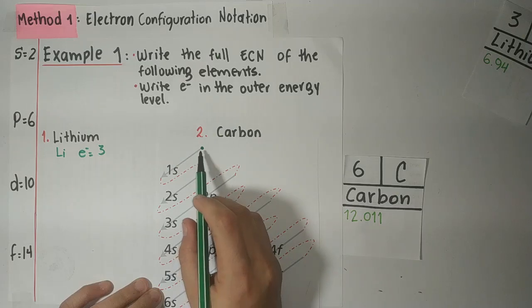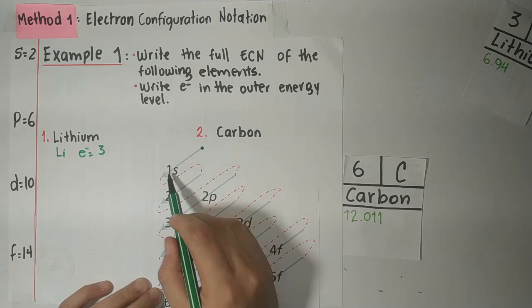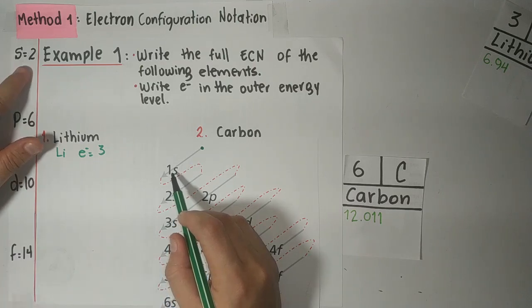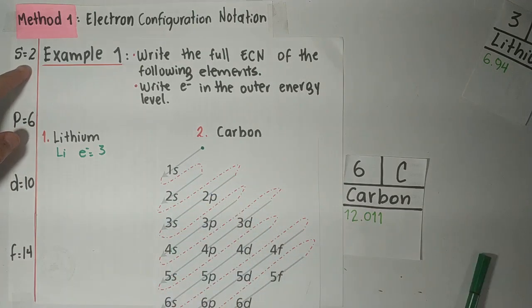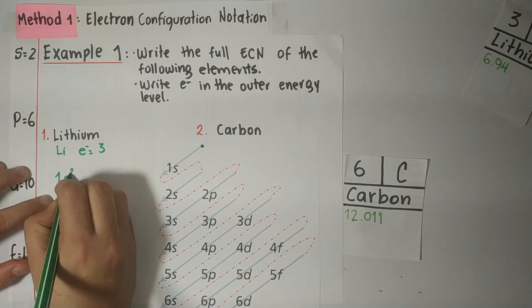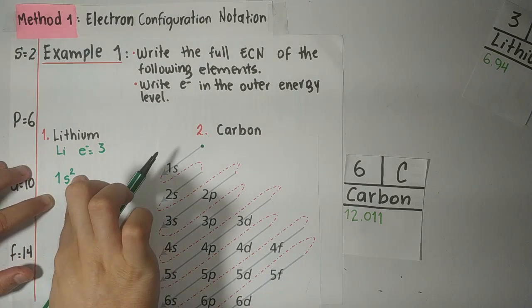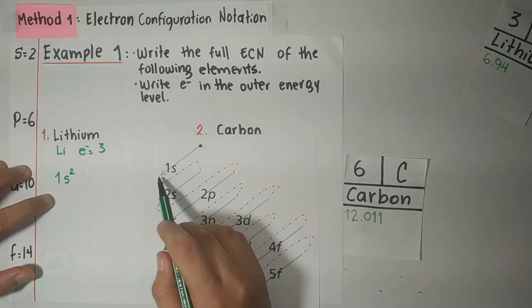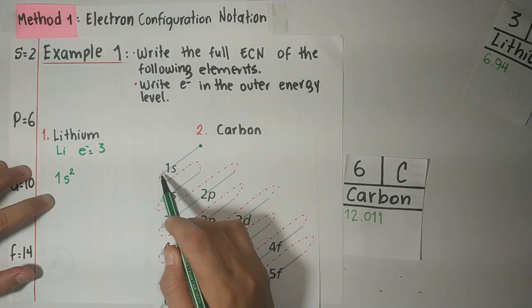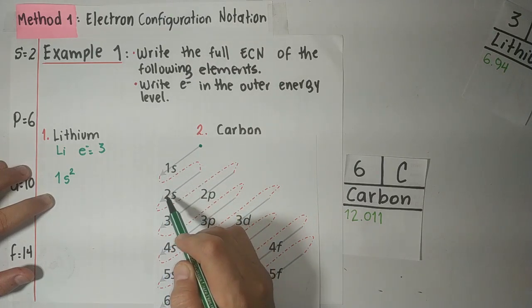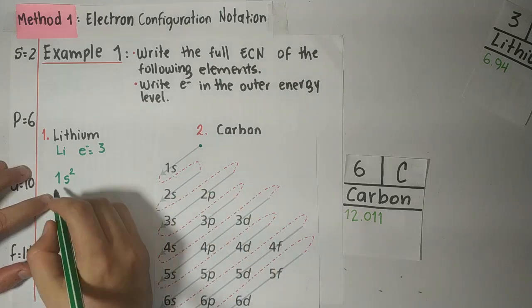And we say, okay, the first level of energy is 1s, and s is 2 electrons. So we say 1s2. But I don't need 2 electrons, I need 3. So as I need more than 2, I will continue to the next sublevel. So I follow the pattern right here, and I continue with 2s.